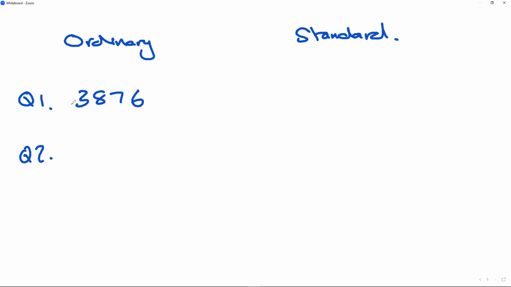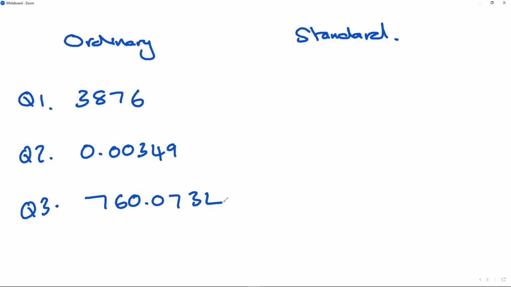Grab a blank piece of paper in front of you now, and then try and convert 3876 into standard form. The next one, 0.00349. And the third one, I got 760.0734. Now I want you to convert that into standard form. I'll give you 3 minutes to try that.